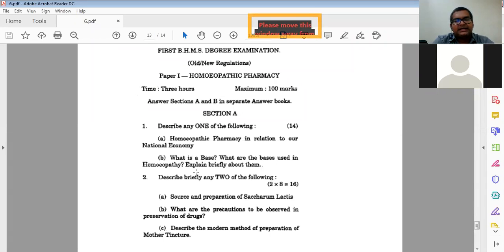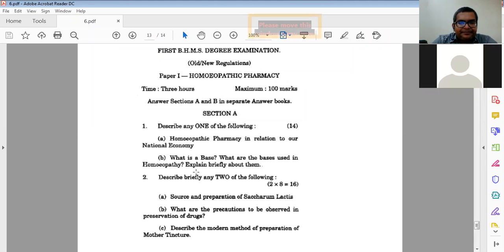You can just write the relation to national economy, there is no confusion. If you know both answers properly, it is better to attempt question number A, because there is no confusion, and because of the last part, explain briefly about them, it becomes too lengthy. We have no limit.